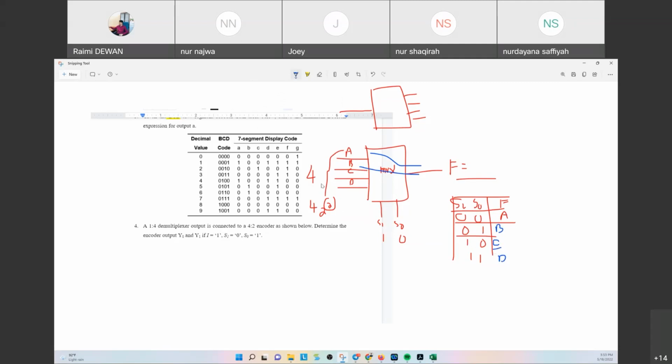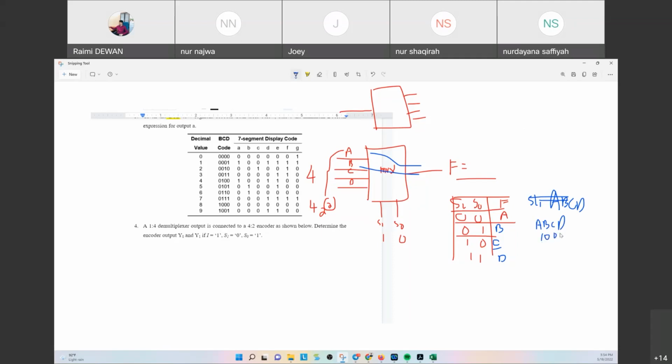Actually, you can have a lot of tables, but I don't want to make it complicated. For example, A, B, C, D equals 1, 0, 1, 1.